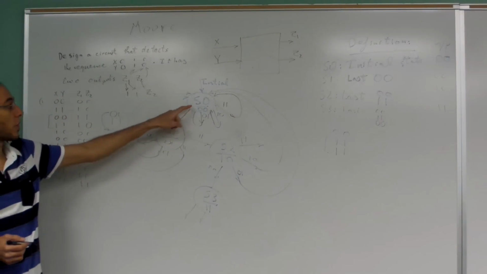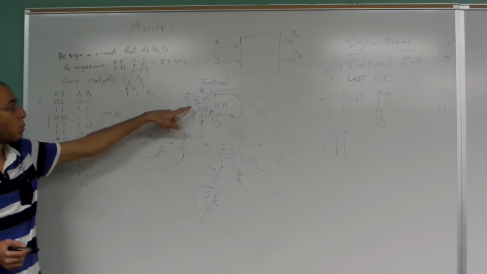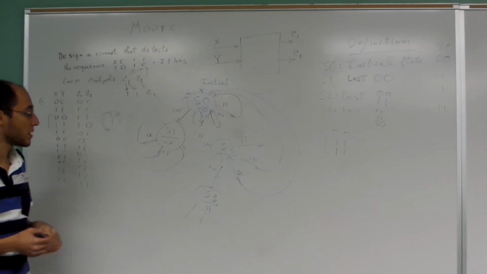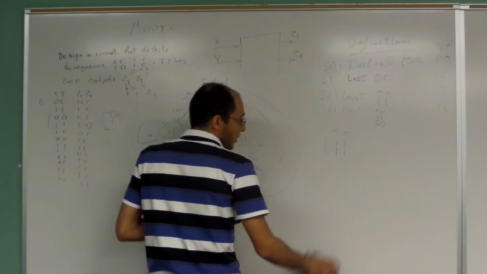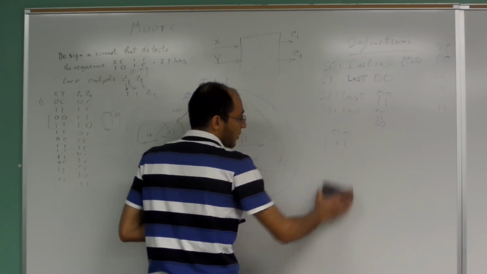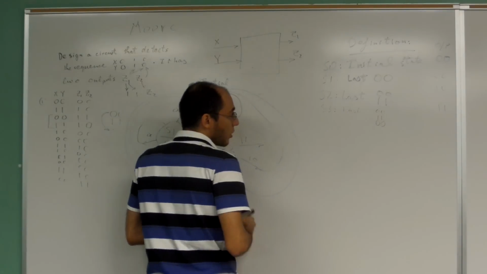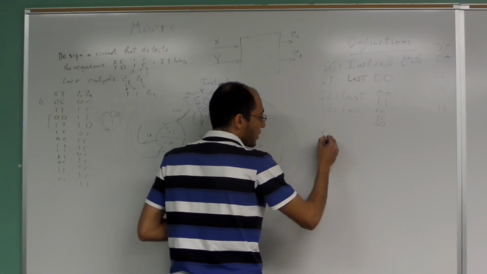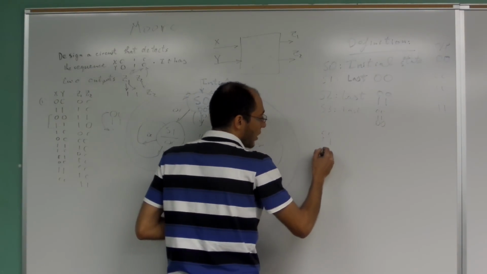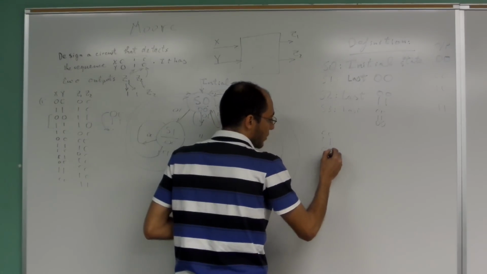Well, the problem is if you route it back to the initial state, then this is an indication that you do not want to retain the previous time slot value. What is the previous time slot value? When we are at S3, we have received so far 0, 0, followed by 1, 1, followed by 0, 0.